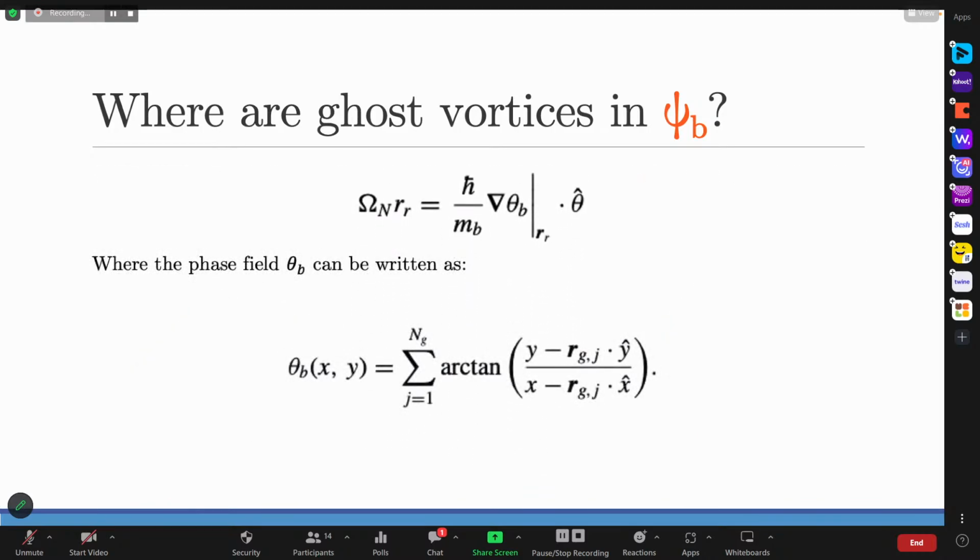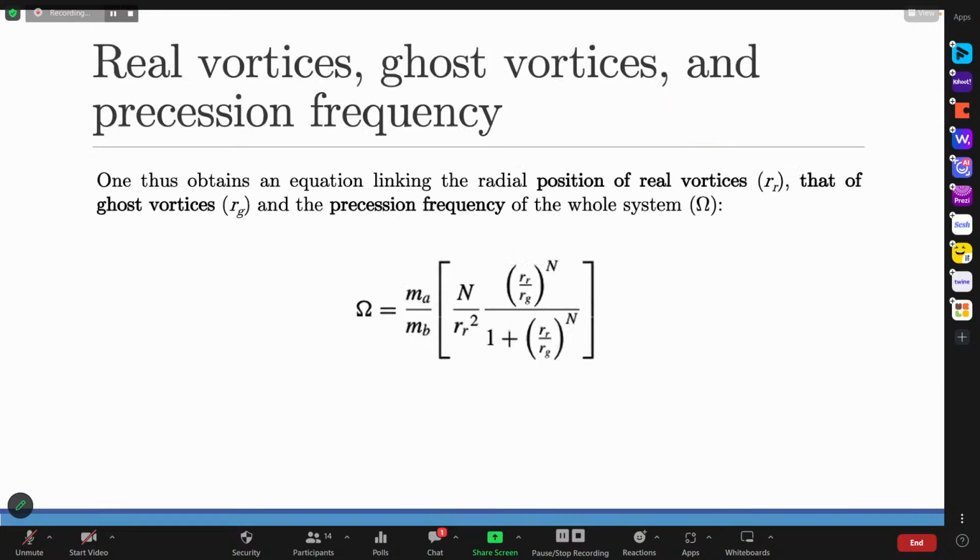And with this very simple observation, we can make the following ansatz. Okay, this is an assumption which will turn out to work quite well. So we assume that the phase field of the minority wave function is simply the superposition of n arctan functions. So it's the usual fingerprint of a vortex, the arctan function. With this ansatz, we did some tedious algebra.